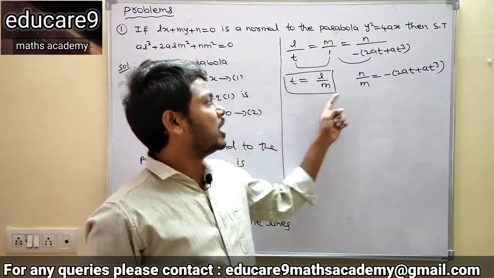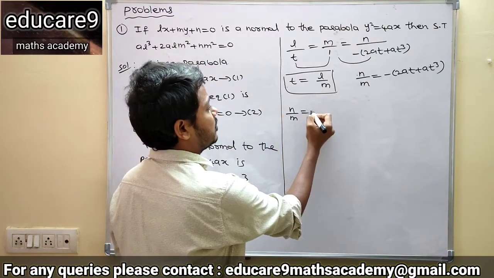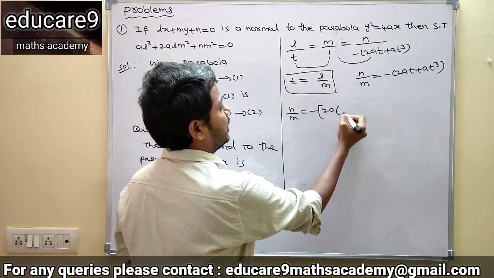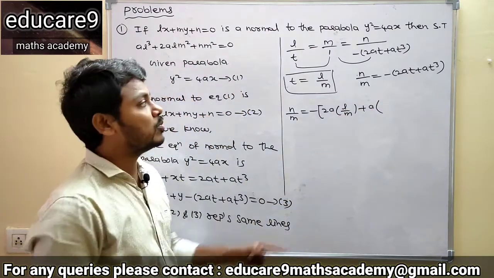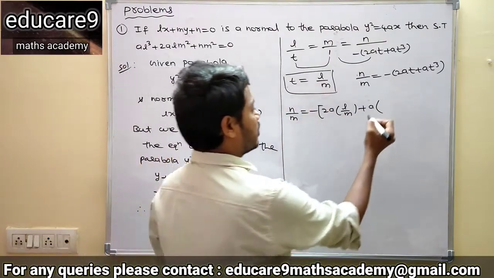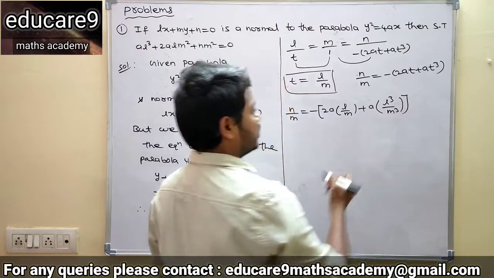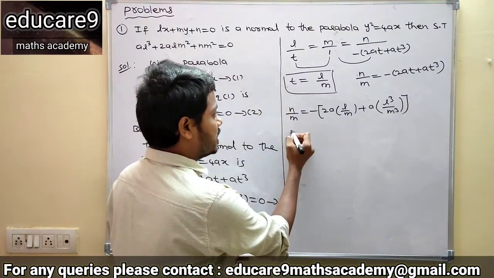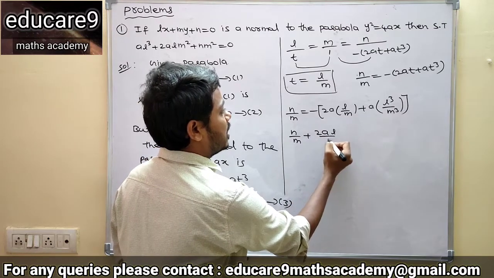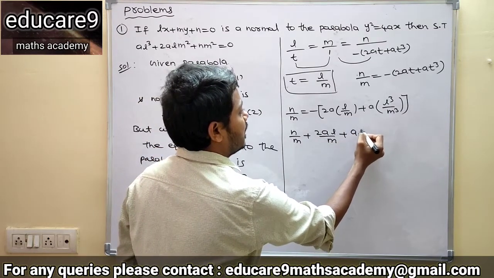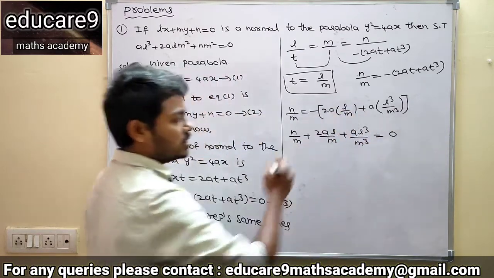Now substitute the t value in this, so what do you get? N by m is equals to minus of 2a into L by m plus a into t cube, that is L cube by m cube. Now this is n by m plus 2al by m plus al cube by m cube is equals to 0.